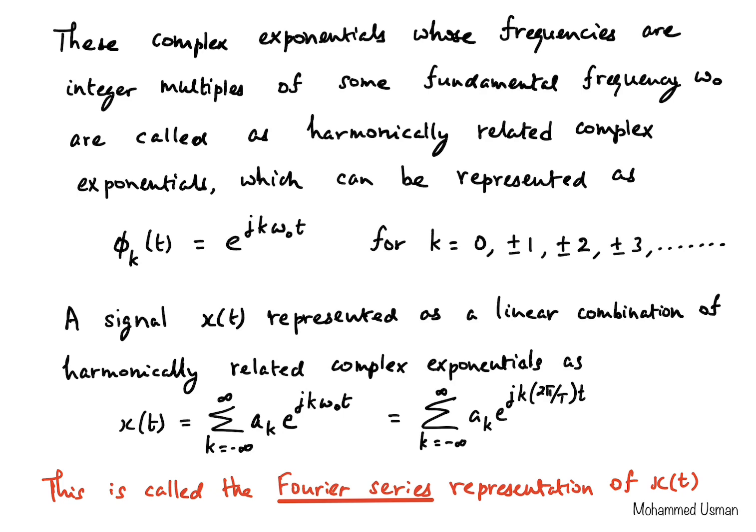When we take the Fourier series, it automatically means that we are talking about periodic signals. That means the x of t for which we have a Fourier series representation is a periodic signal. Only for periodic signals we get what is called the Fourier series representation of the signal x of t.